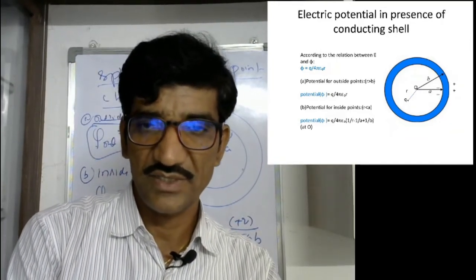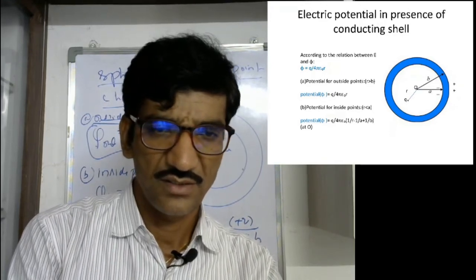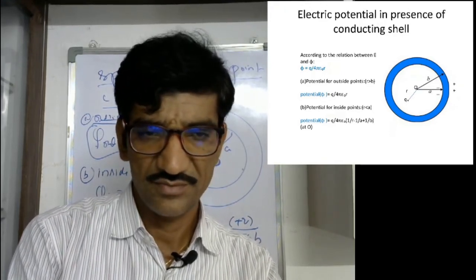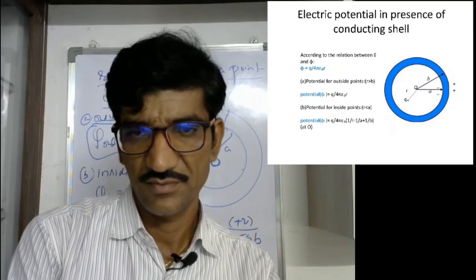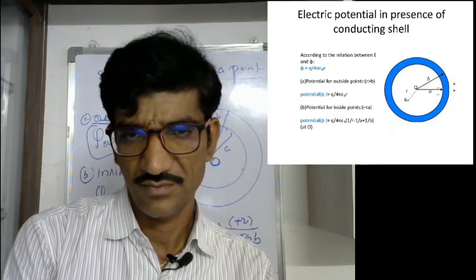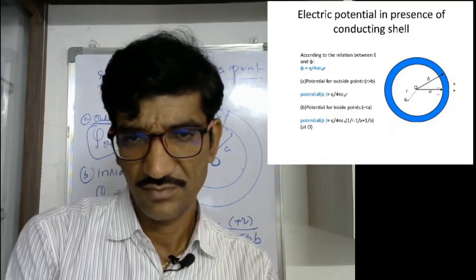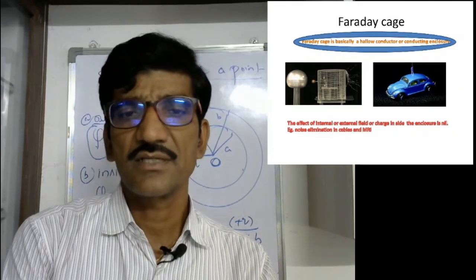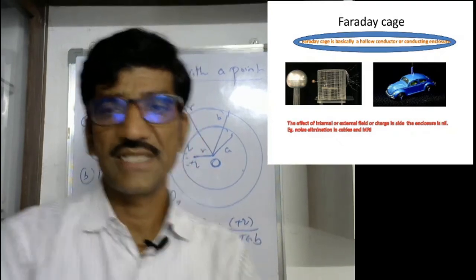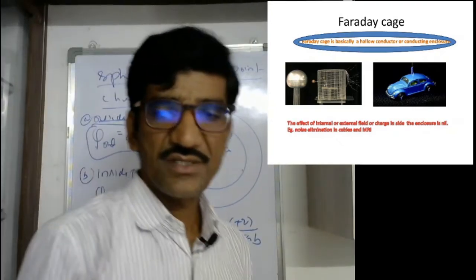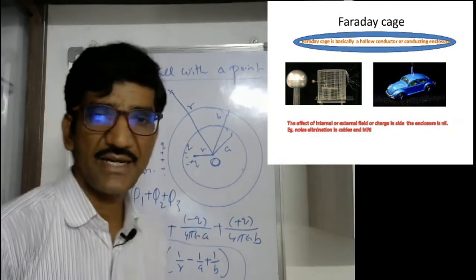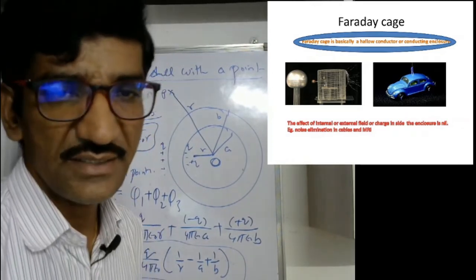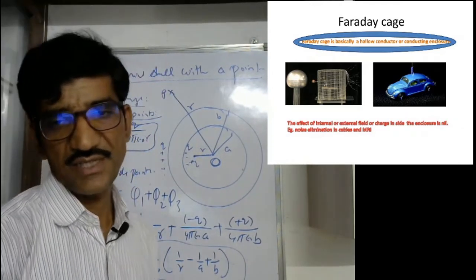Next, let us stop this lesson with the last slide. A very interesting topic we want to discuss now is Faraday's cage. This was discovered by Michael Faraday in the year 1836.